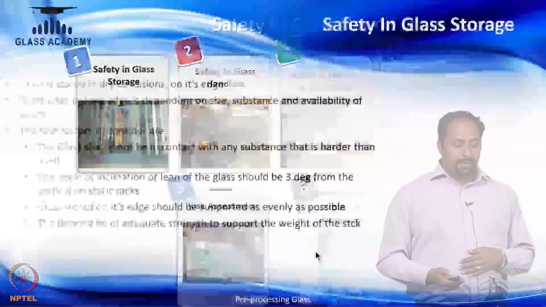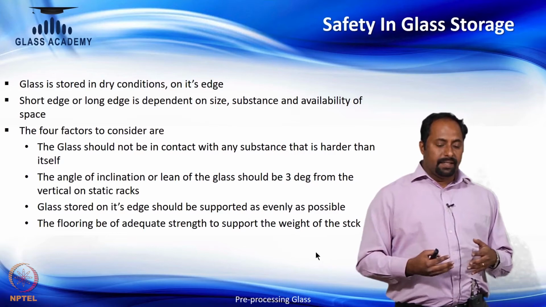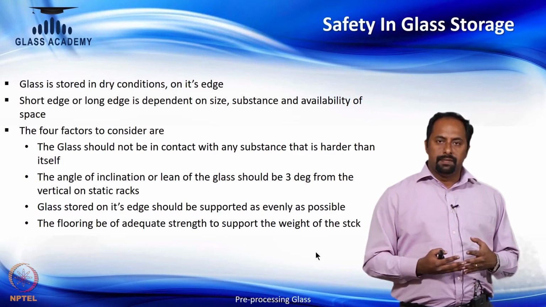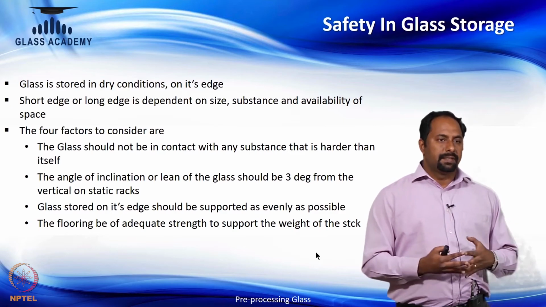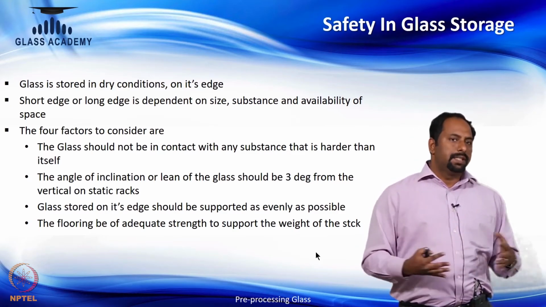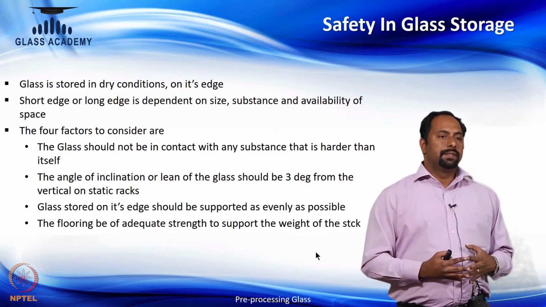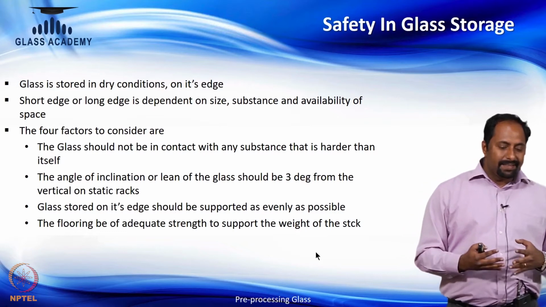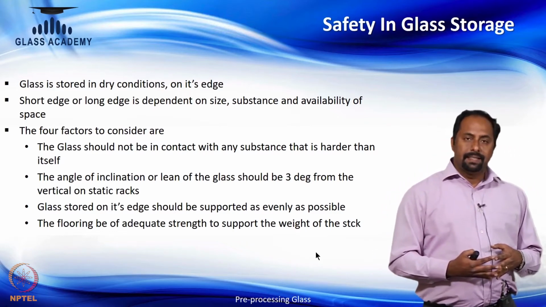Now, let us talk about the first, safety in glass storage. Generally, wherever you go to a glass manufacturing or processing industry, you will get to see a place where glass is stored. Glass has to be stored in dry condition on its edge.